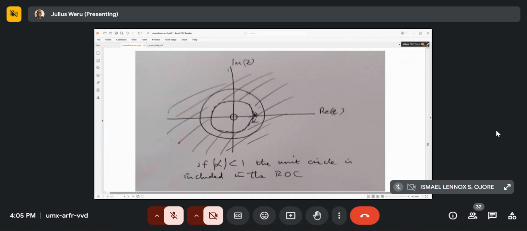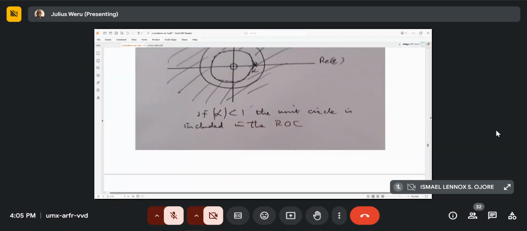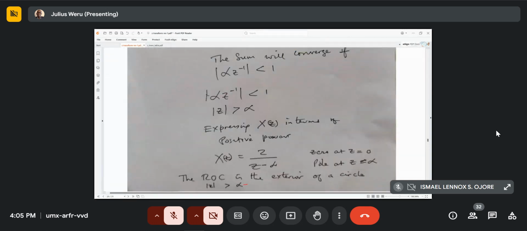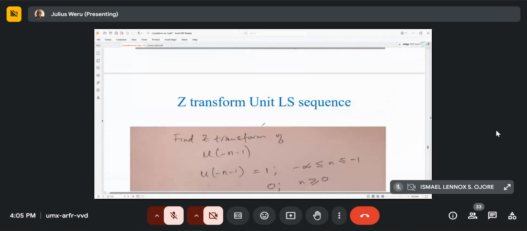The ROC must be exterior of this pole, and this pole happens to be inside. So this system will only be stable if alpha is less than 1, and of course it makes sense: if alpha is less than 1, it will converge. Otherwise, it will just diverge.